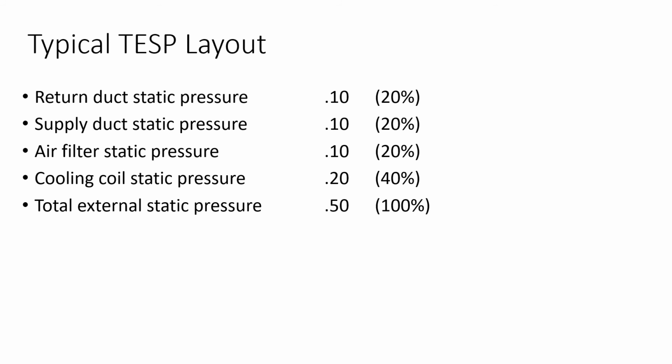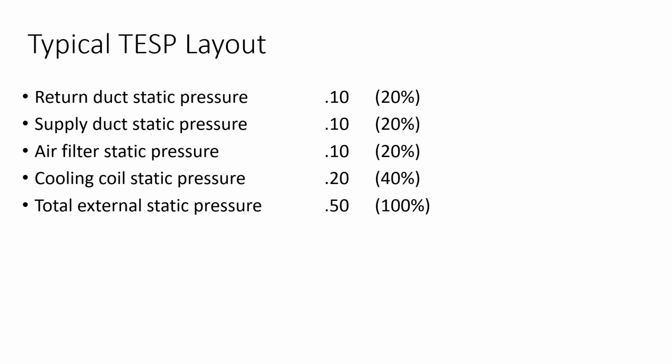Sometimes you can end up with 0.3, 0.35 static pressure drop across a clean air filter. That really inhibits the performance of our system and slows down our airflow. So that air filter static is critical. Make sure that it stays no more than 20% of your total external static pressure budget.